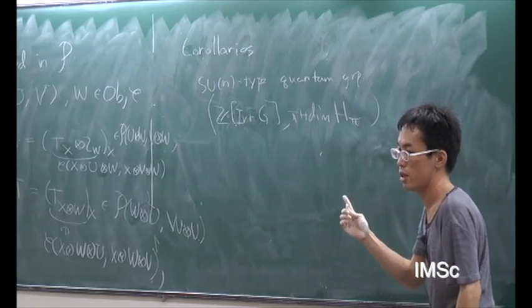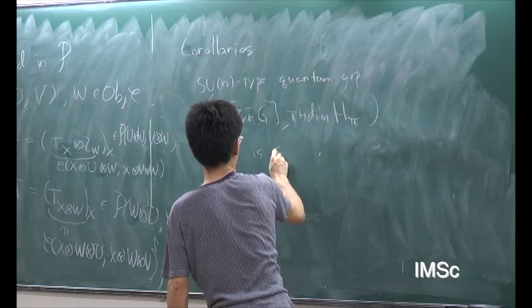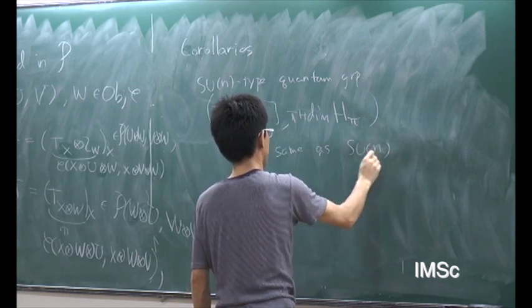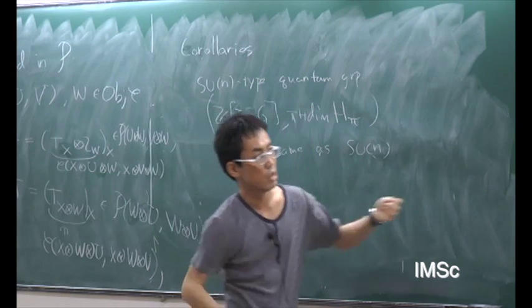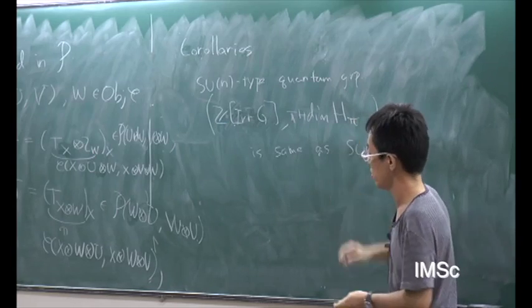This has the same data as SU(N). And the most difficult part is to classify the functors from this category to Hilbert spaces, satisfying this condition.